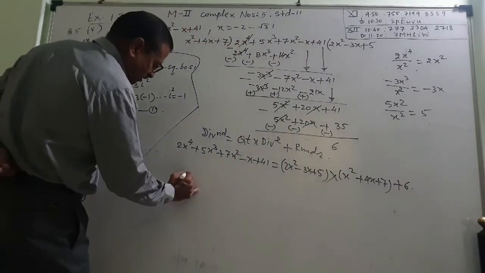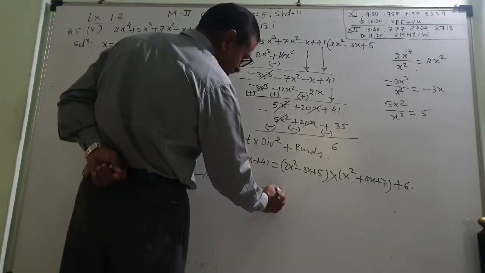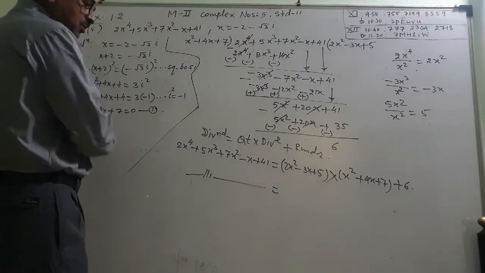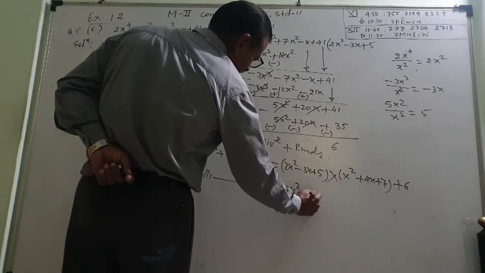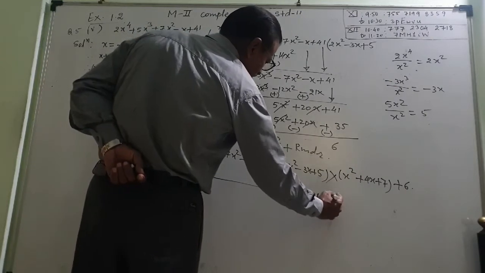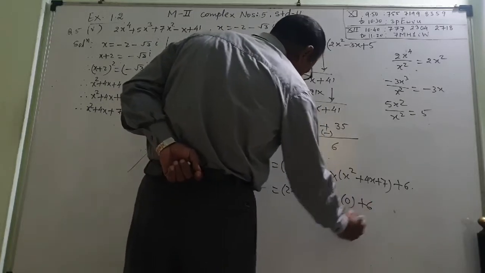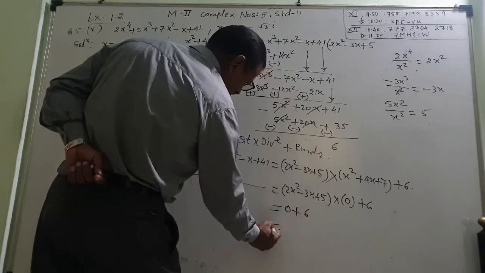So this is equal to this, the value of this is what? 0. So I will write this 2x square minus 3x plus 5 into the value of this is 0 plus 6, and that is equal to 0 plus 6, and that is equal to 6.